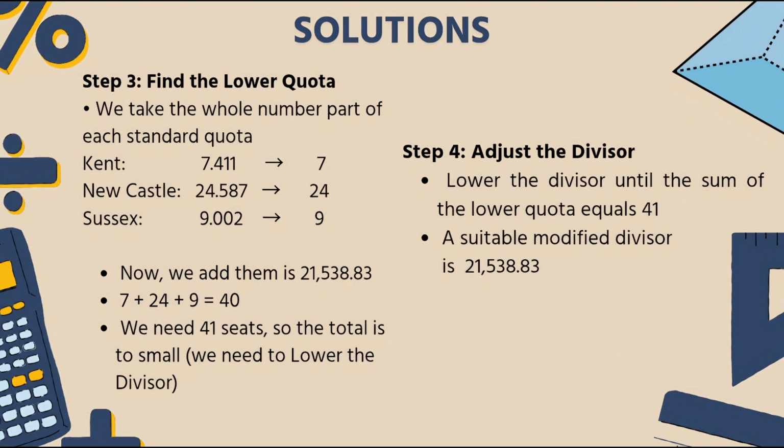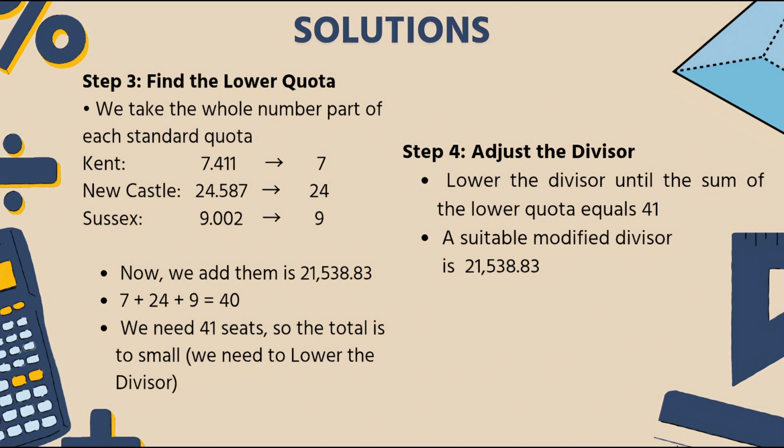Step 3. Find the lower quota. We take the whole number part of each standard quota. For example, Kent 7.411 becomes 7. Newcastle 24.587 becomes 24.